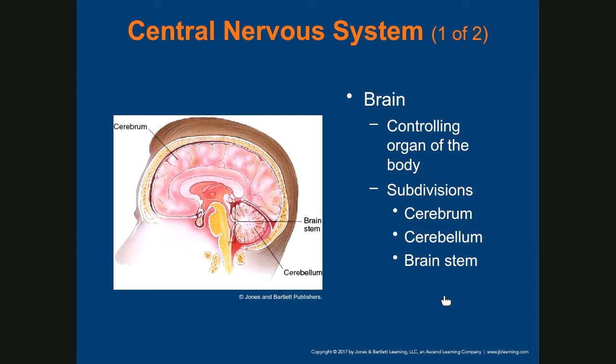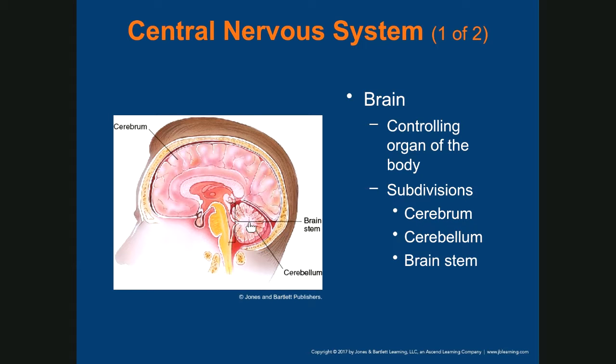The cerebellum, right, which is referred to as the midbrain in some books, but technically it's not really, right? But in some texts you will see it referred to as the midbrain. It's smaller than the cerebrum, right?